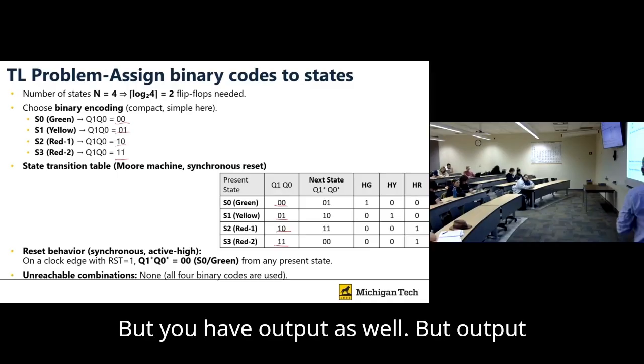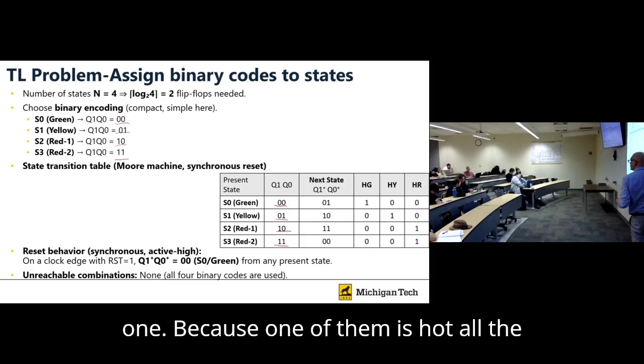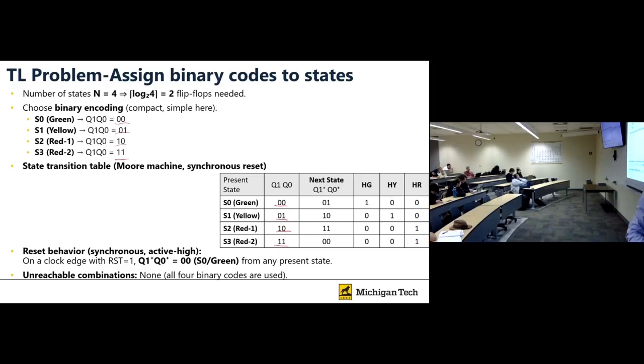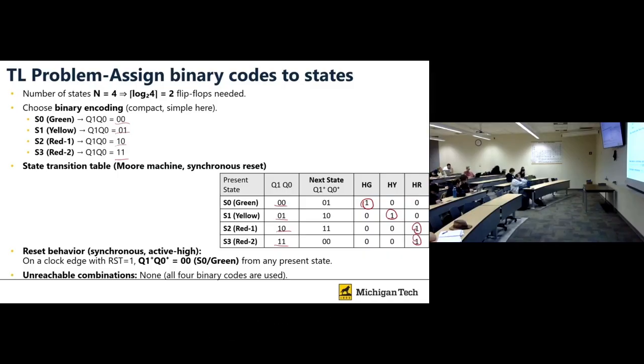But you have output as well, and the output is one-hot, because one of them is hot all the time. For green, the green light is on. For yellow, yellow is on. And for red, red is on.